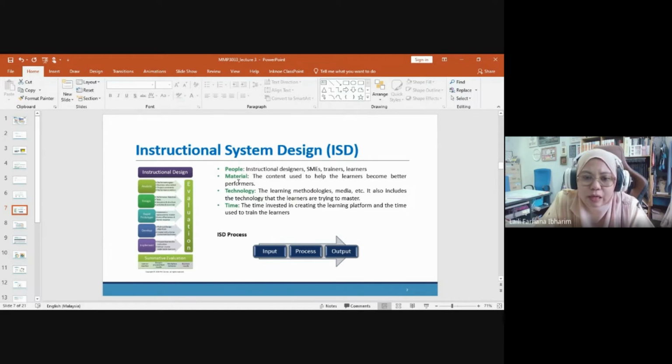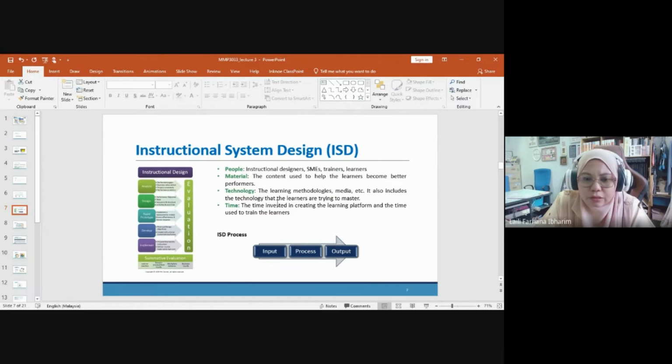And then we have to consider the material we use. Okay, the content used to help the learners become better performers. Here maybe we can use physical materials or digital materials, such as teaching aids, maybe books, games, and so on. And then we also have to consider the technology. Okay, the learning methodologies, media, and so on.